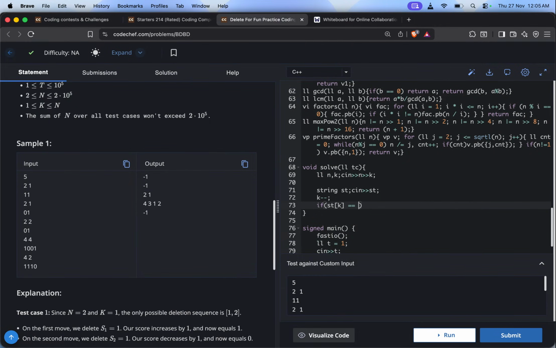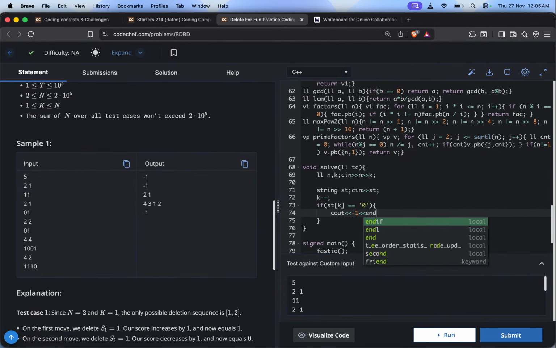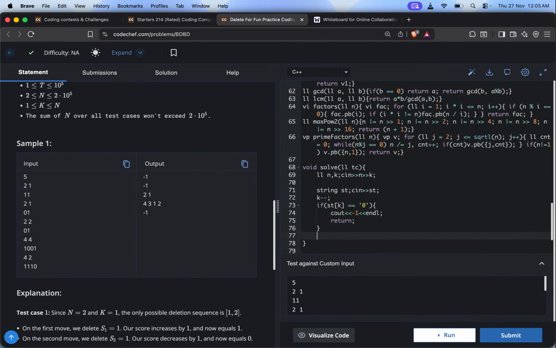Now if the kth element is 0, we are sure enough that we cannot get an answer. Let's say the left element is, because we have already picked k, k minus 1 modulo n, and the right element is k plus 1 modulo n.